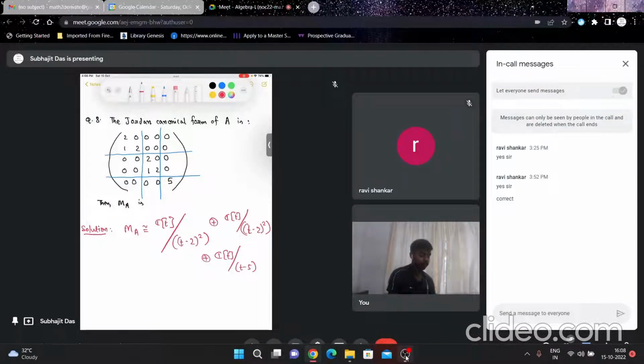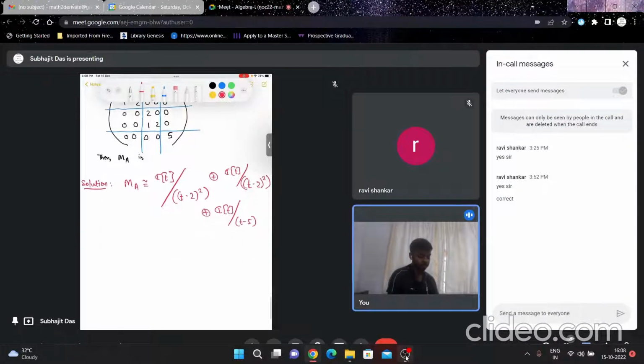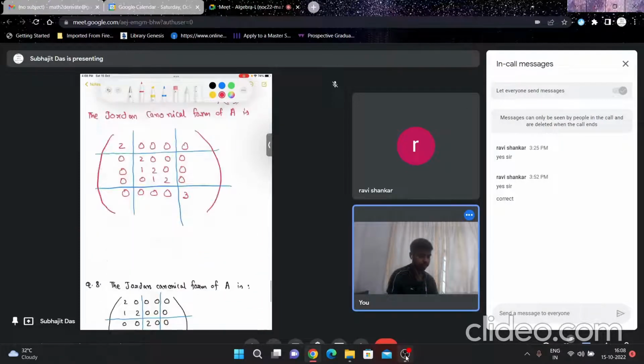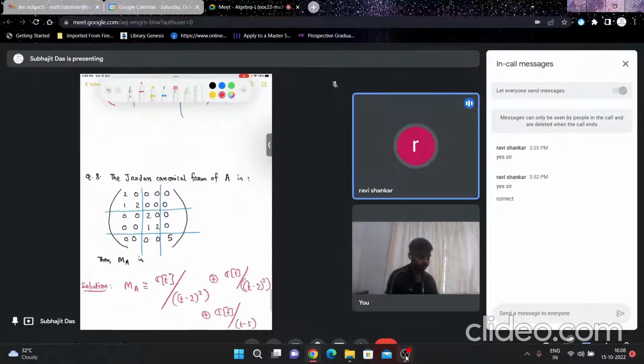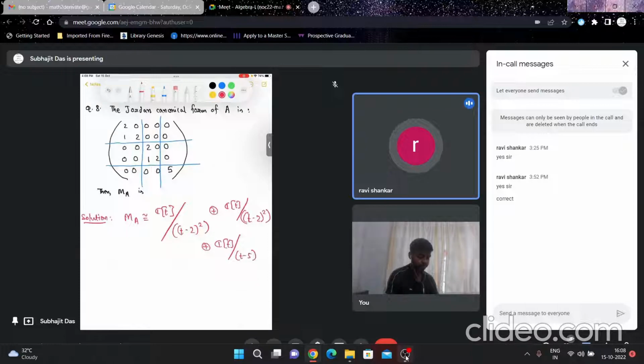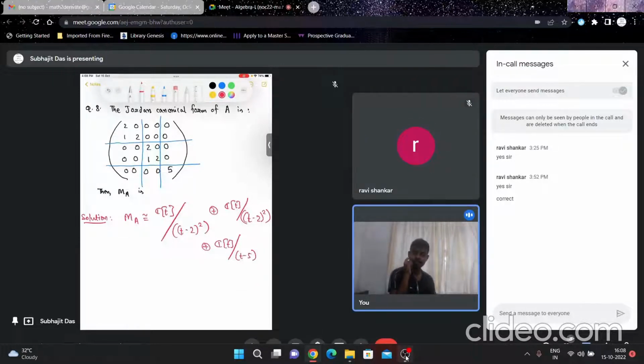Okay, so that brings us to the end of this. Yes, the direct sum of all this, right? This is the structure theorem.